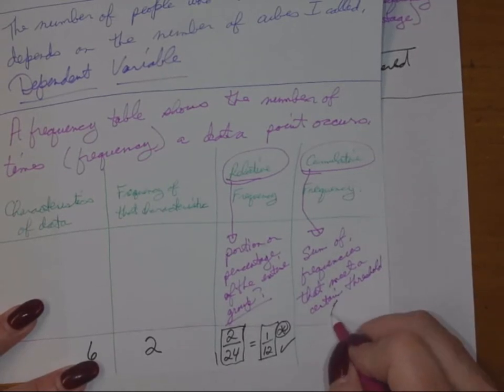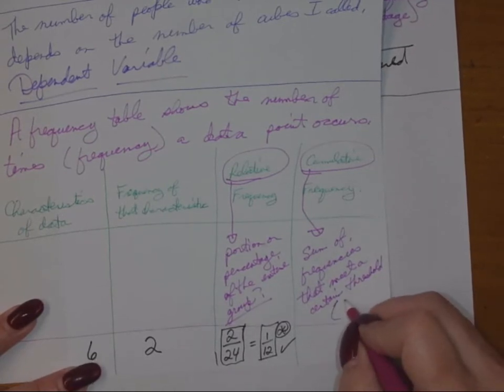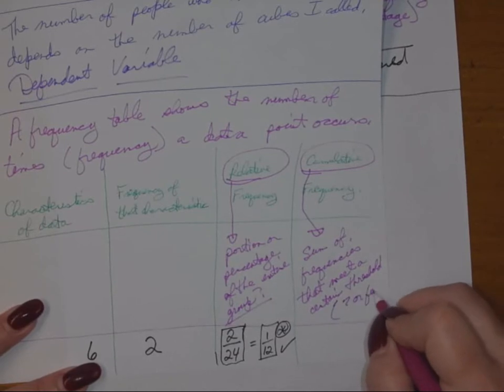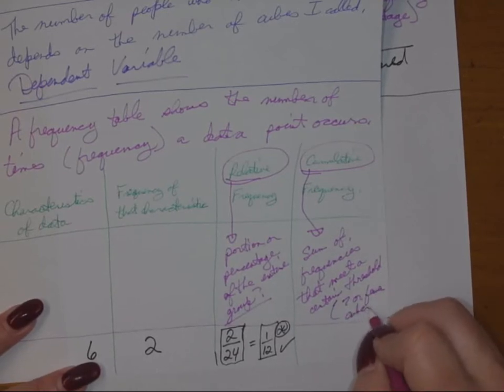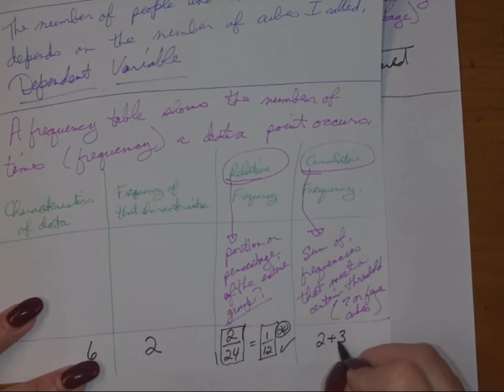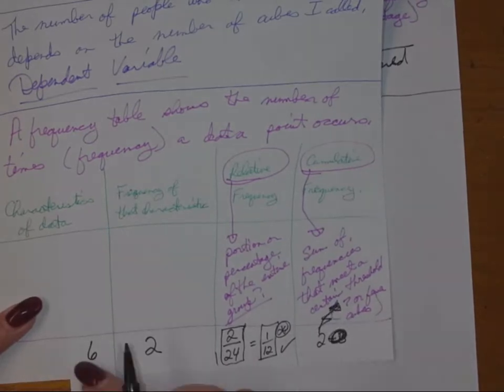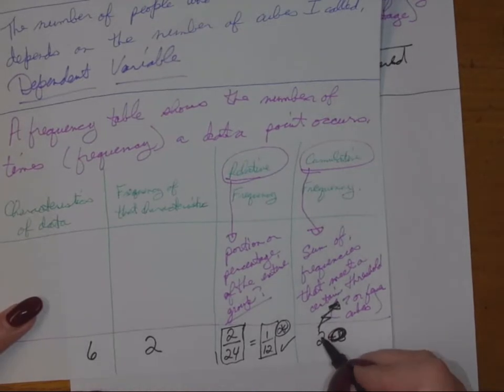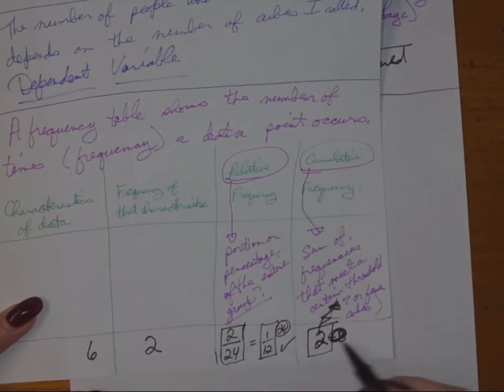So, for instance, 7 or fewer cubes. In that case, it's a cumulative frequency. Let me keep this up. This is the same guy. For the 6, there were only 2, right? So there are 2 occurrences that are 6 or fewer. So I'll make sure this looks like the correct line here.